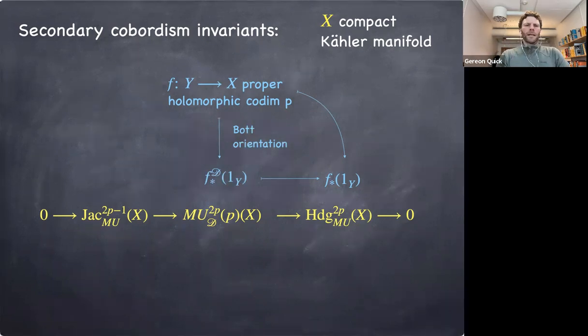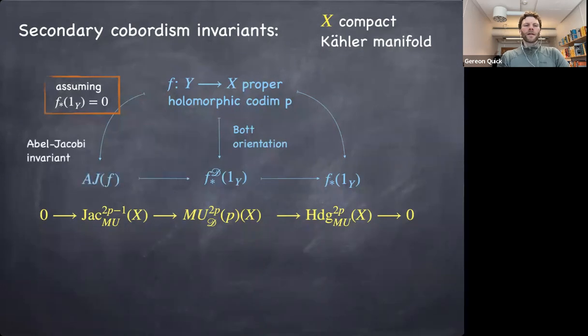Okay, and now we also get an Abel-Jacobi invariant, assuming that the fundamental class of our Y or F vanishes, and then we get an induced invariant in our MU Jacobian. And so in general, we could think of this MU Jacobian as a home for certain secondary invariants.